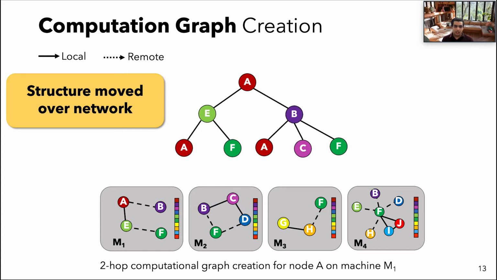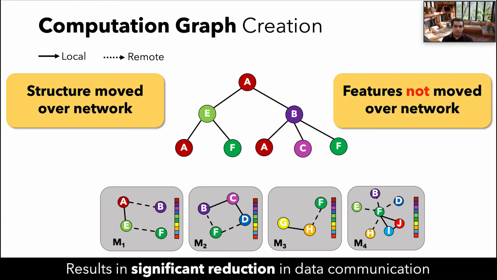However, unlike existing GNN frameworks, P3 never moves features over the network. Recall that the majority of network traffic can be attributed to feature movement, and thus this design choice results in reduced data communication. However, this introduces a new challenge.